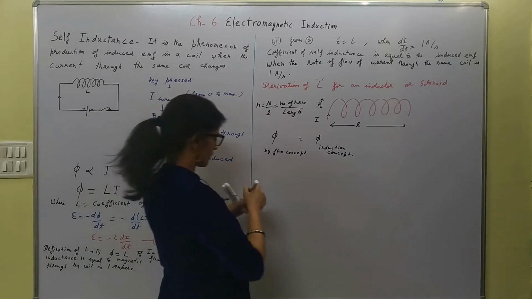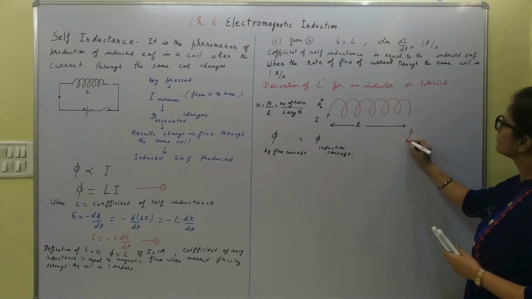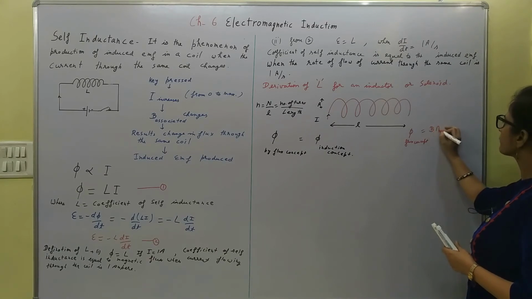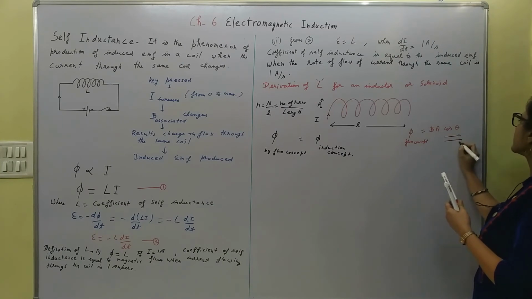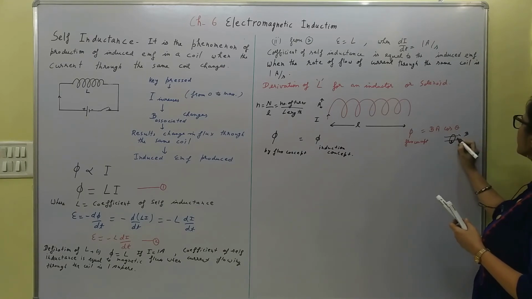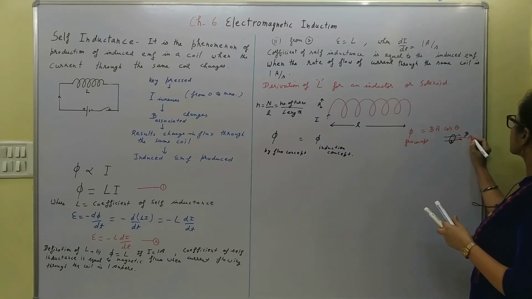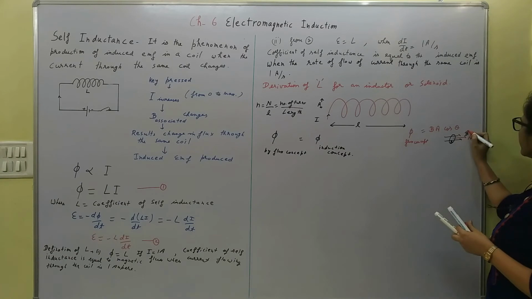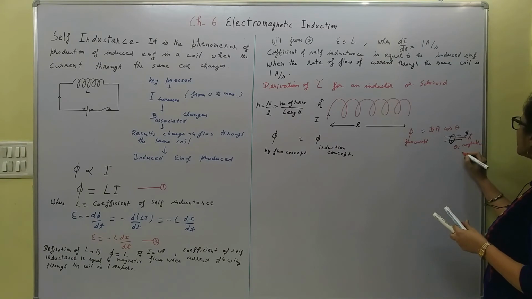So we need to recall the formula for flux. The formula is B A cos theta, where B is the external magnetic field and A is the area of cross section through which it passes. This is the area vector direction, right? And theta is the angle between the area vector and the magnetic field vector.